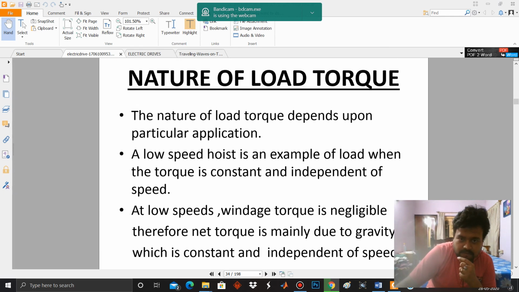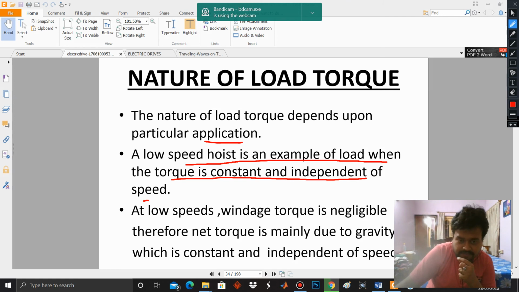So the nature of the load torque depends upon the particular application. A low speed hoist is an example of the load when the torque is constant and independent of speed. At low speeds the windage torque is negligible, therefore net torque is mainly due to gravity, which is constant and independent of the speed.